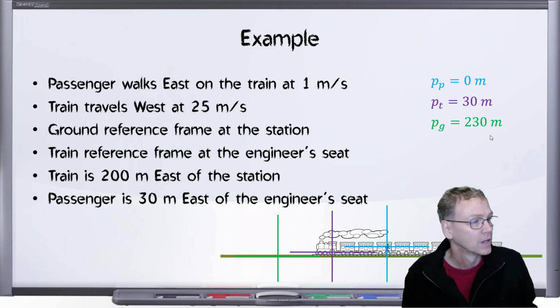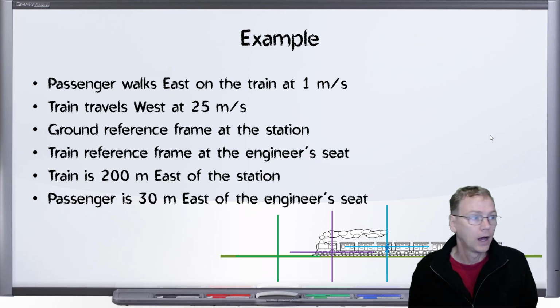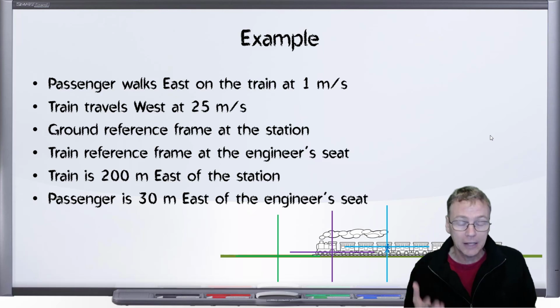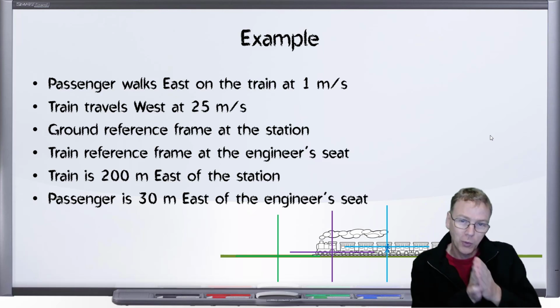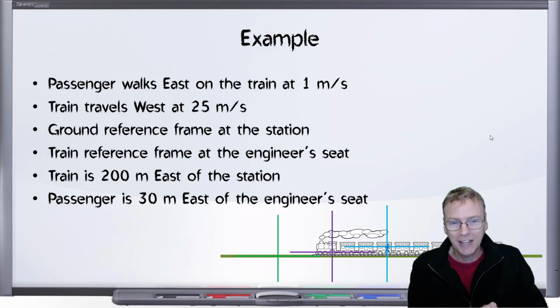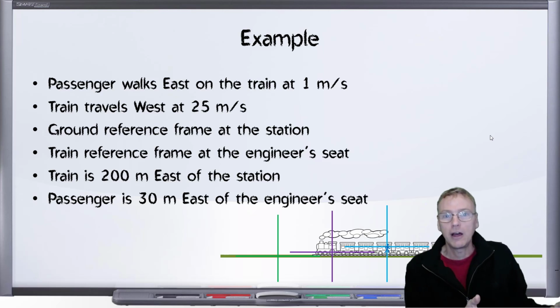Okay, let's do velocities now, because we're gonna ease into relativity with this, and so we need to talk about not just positions but velocities. What is the passenger's speed or velocity? We're going to do one dimension, so we'll call it velocity. But we mean the speed in the eastbound direction, right?